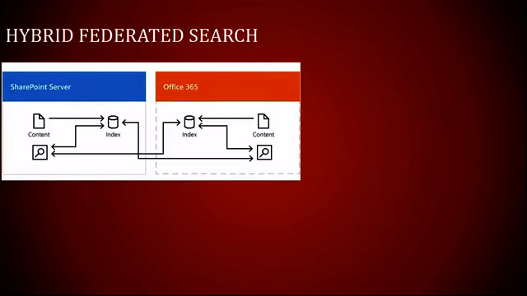The second option is the hybrid federated search. This is the old structured way of doing it before SharePoint 2016, where content from each environment is indexed locally but is made available to each environment through federation.